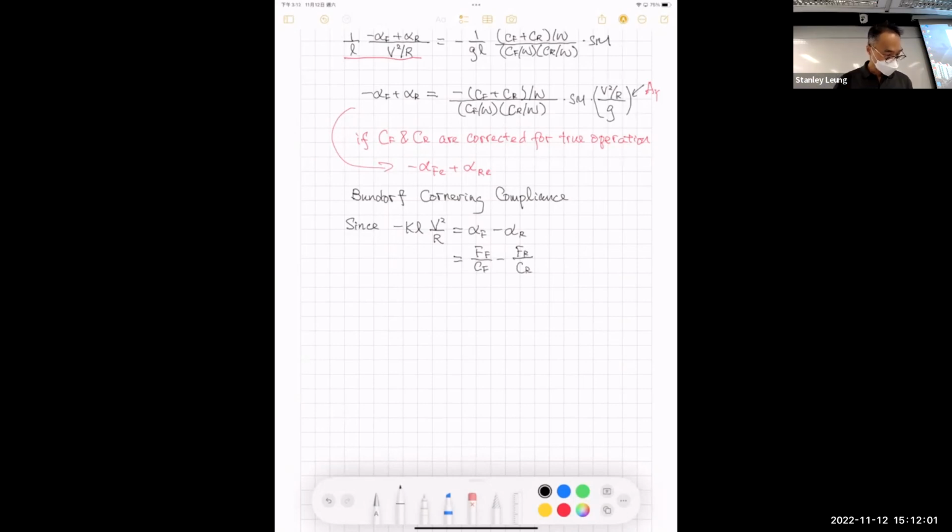So this should be the total force with the ratio of your wheelbase, minus F A over L.